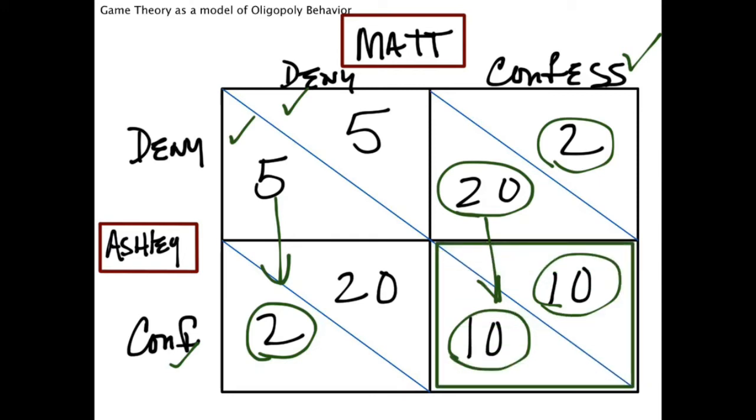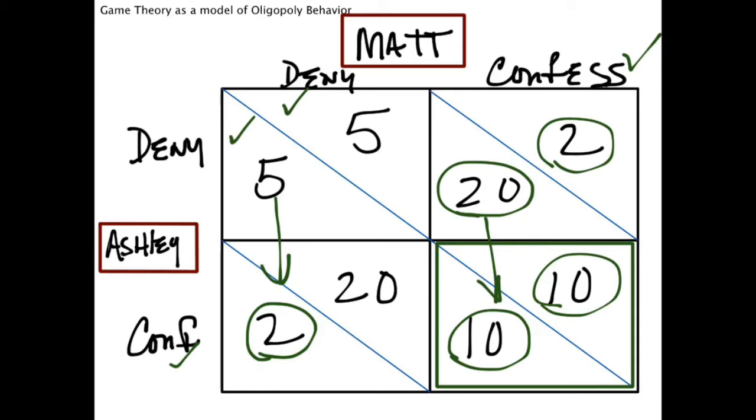10-10. This is a Nash equilibrium, because a Nash equilibrium is the result of when each player in a game chooses the action that maximizes his or her payoff given the actions of the other players.